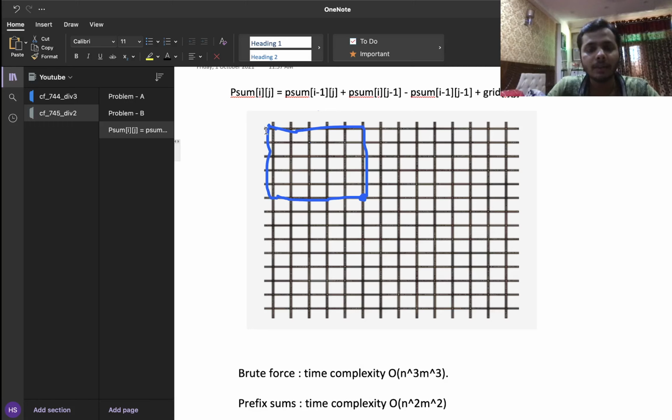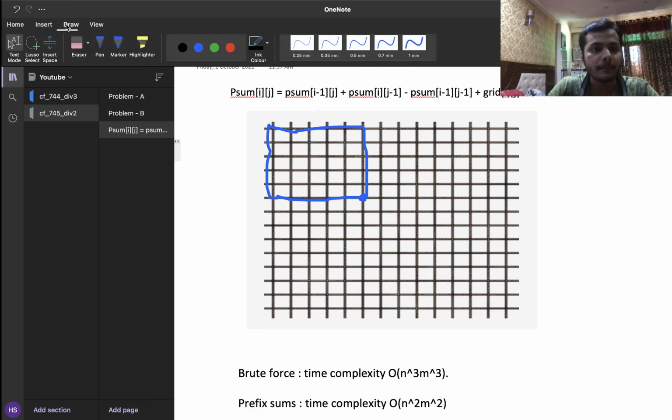So I need the sum from 1 comma 1 to i comma j, right? So let's see what this prefix sum of i minus 1 j denotes. It denotes the sum from here to here, the sum of this subrectangle, right? Okay. And the prefix sum of i j minus 1 denotes something like this, the sum of this subrectangle, this one, right? And prefix sum of i minus 1 j minus 1 essentially denotes the sum of this subrectangle.